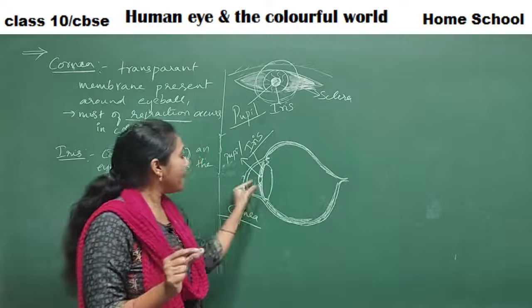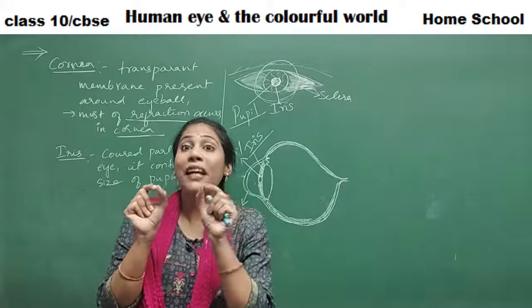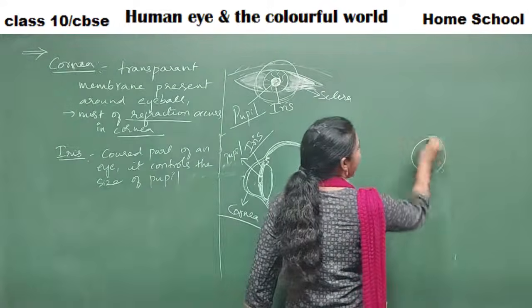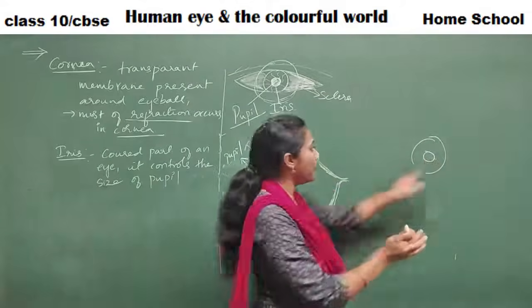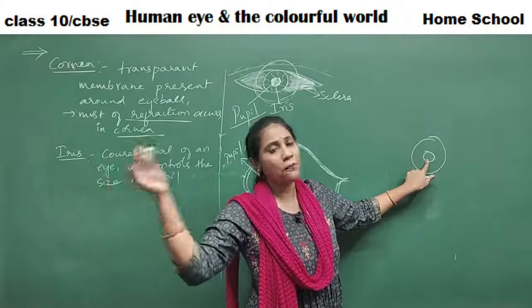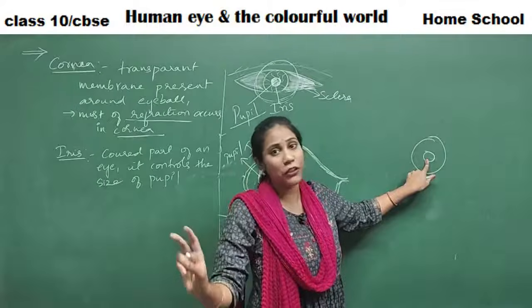So what happens at that point of time, the size of the pupil becomes small. Imagine this is the pupil, this is the iris. Say this much is the normal size of the pupil. You have gone outside, lots of bright sun is there, and so many rays should not go into your eyes.